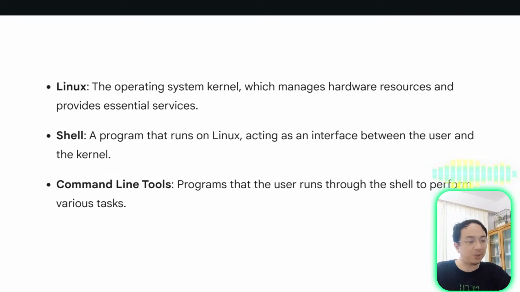So they believe that people should have the right to modify the software that you own, no matter if it's free or not. If you buy it, you should get the source code so that you can modify it. So that's the point of the free software movement.